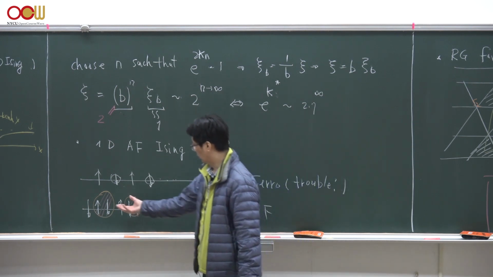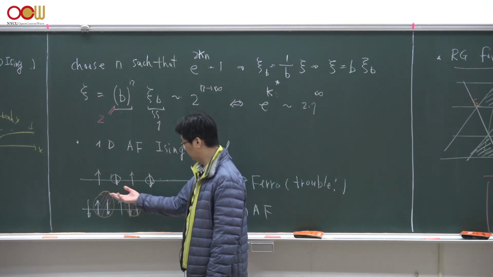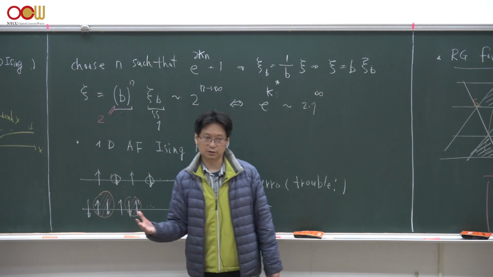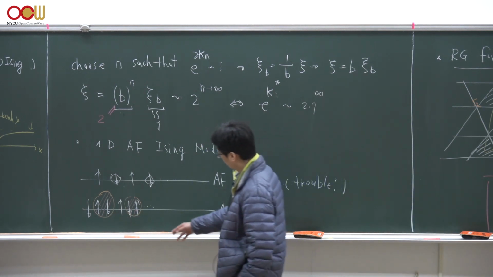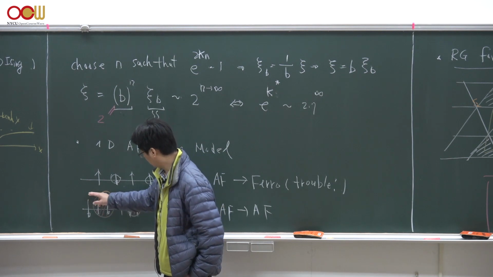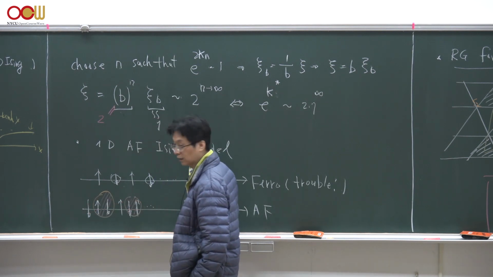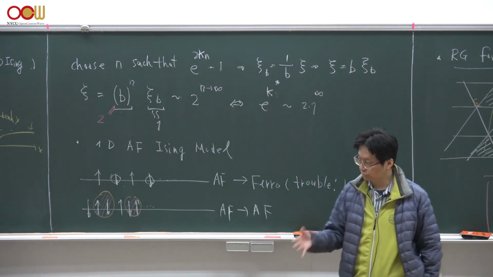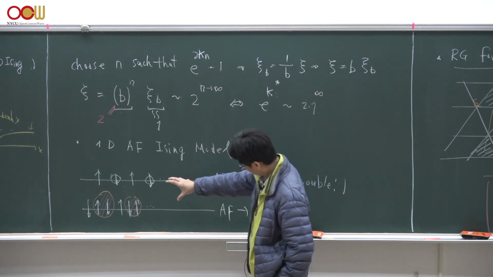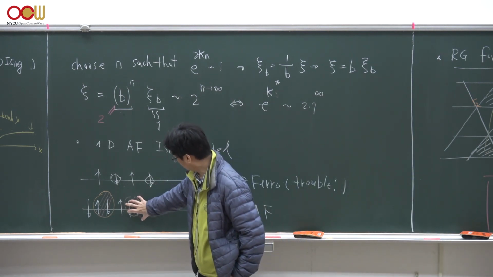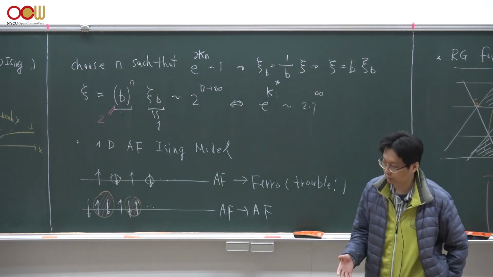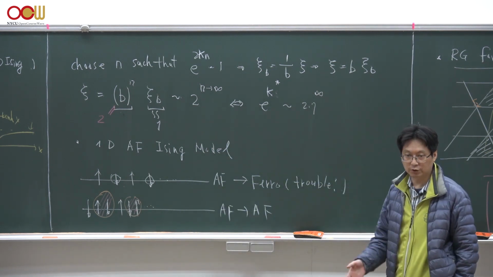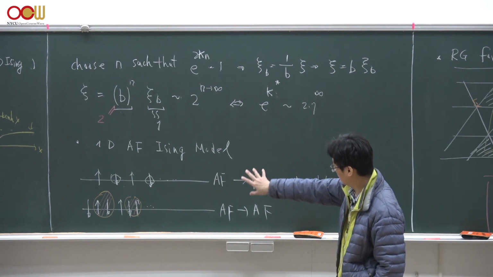Therefore, when you remove these orange bubbles, the remaining system is still an antiferromagnet, because all of these bubbles are down, up, down, up. So we can use the same trick, but by organizing the spins in a different way, the antiferromagnetic nature of the problem is still preserved, and everything else is the same.